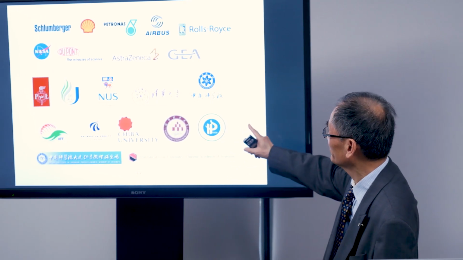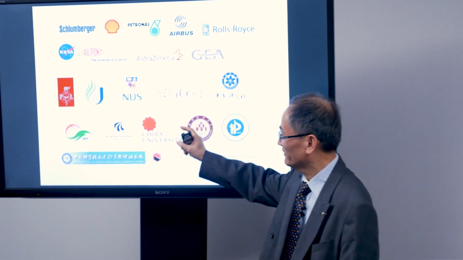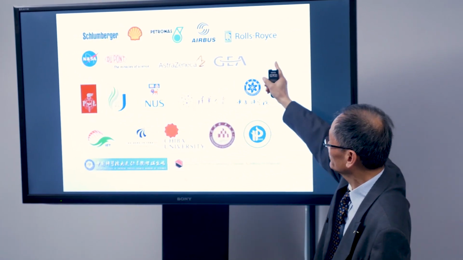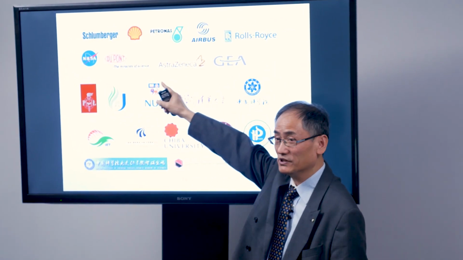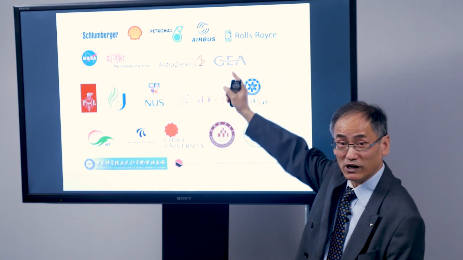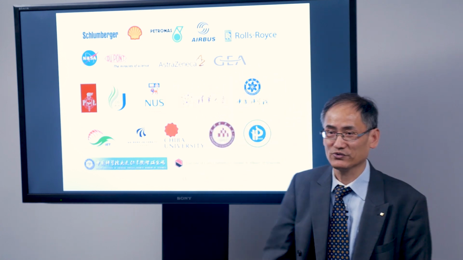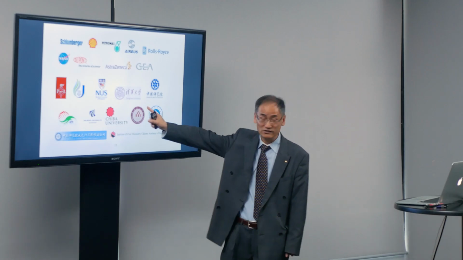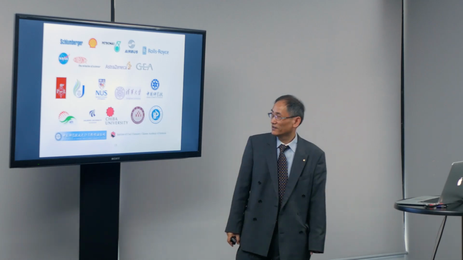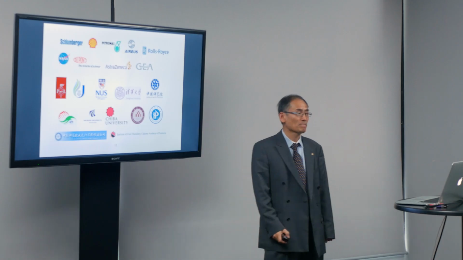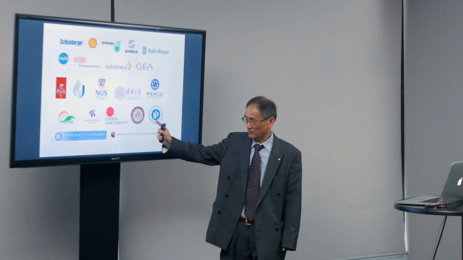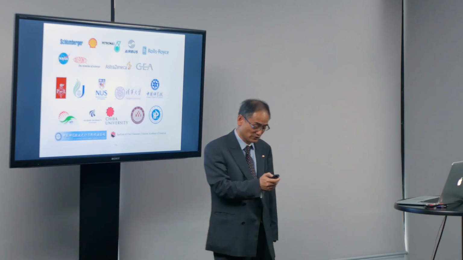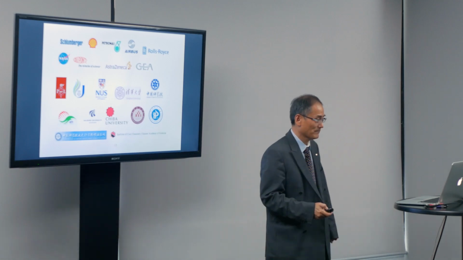Those users include some big names like NASA, like Schlumberger Oil Company, like Airbus, like Rolls-Royce, and some universities like Tsinghua University in China. Also some Chinese Academy of Sciences, they use our tomography system.